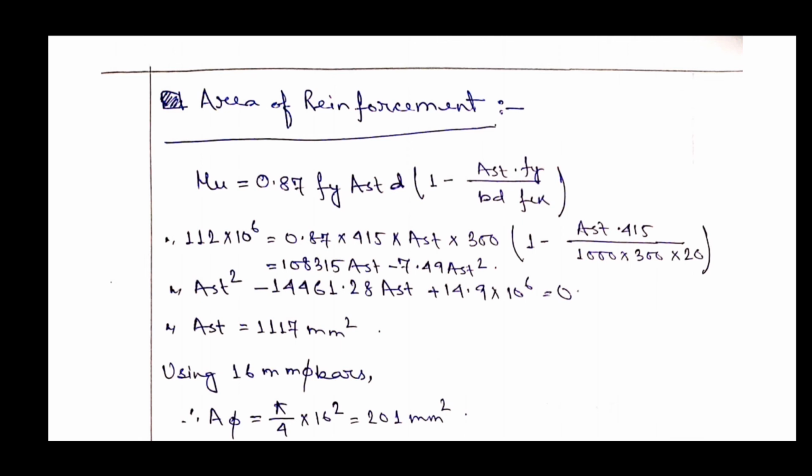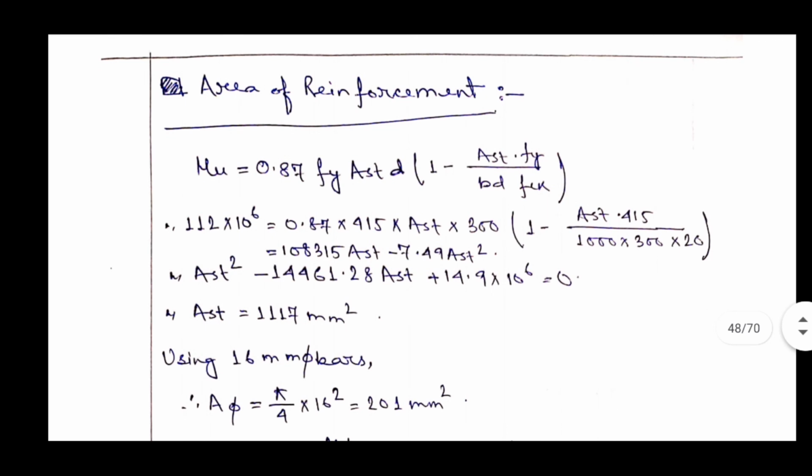From this equation we can find the value of Ast, that is 1117 mm square. So if you use 16 mm dia bar, then the cross section of the bar will be pi by 4 into 16 square, that is equal to 201 mm square.